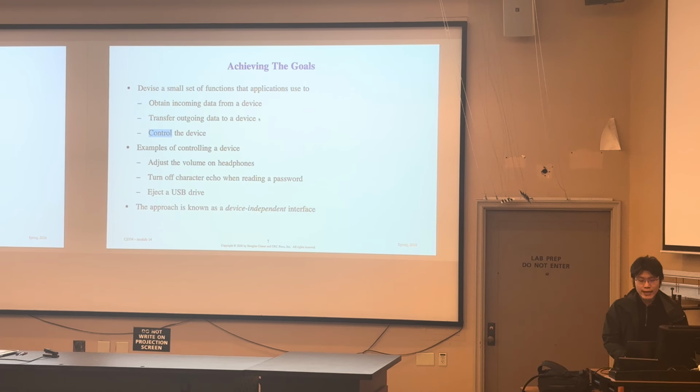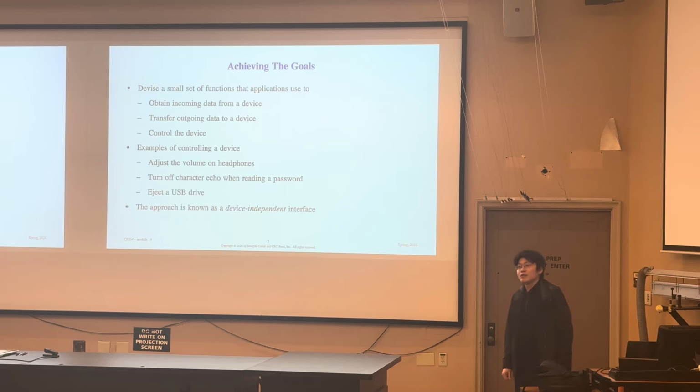The data interface is unified. The control interface, how to perform control, can be very ad hoc. So the approach is known as device independent interface, but the part that is really independent is the data interface. The control interface is not really device independent.